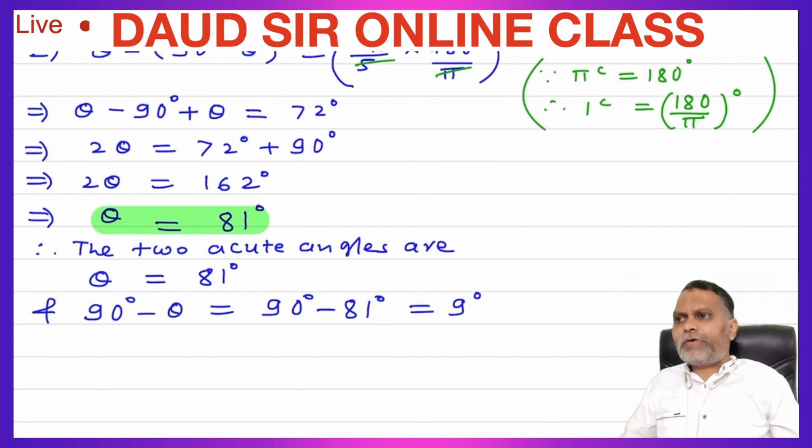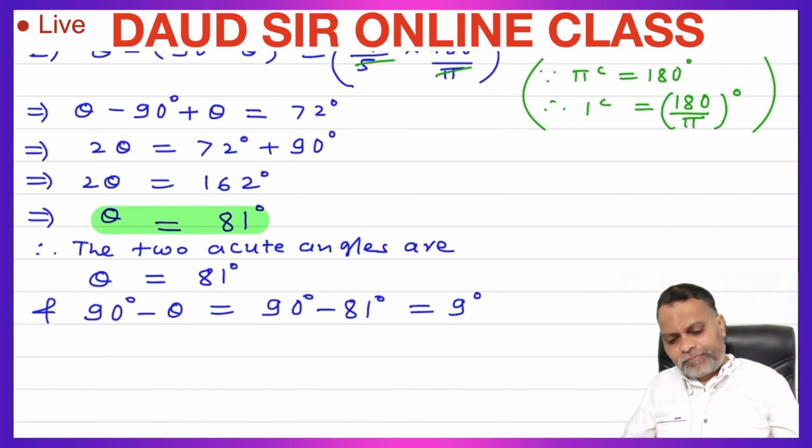So these are the two acute angles, theta is equal to 81 degrees and 90 degrees minus theta is equal to 9 degrees. These are the answers.